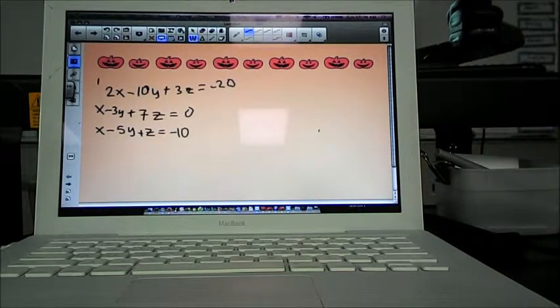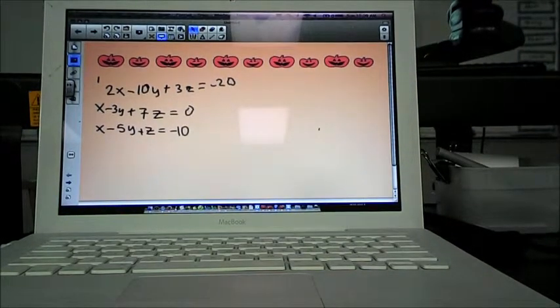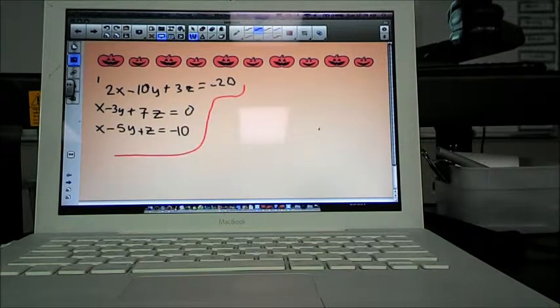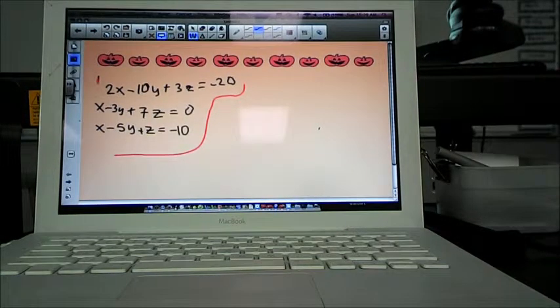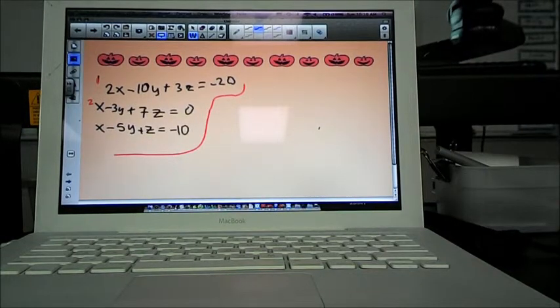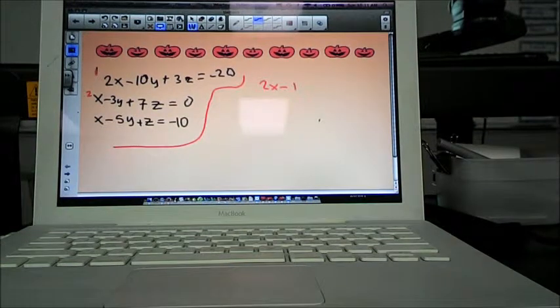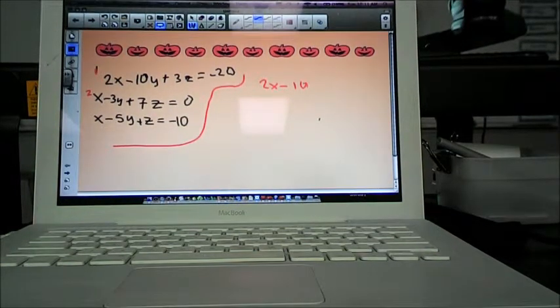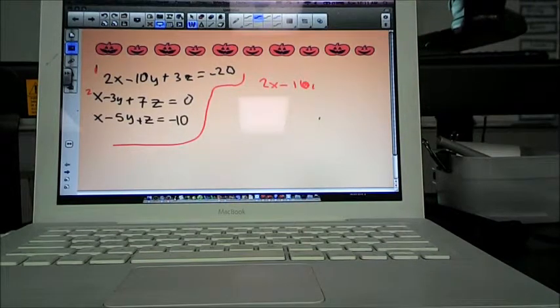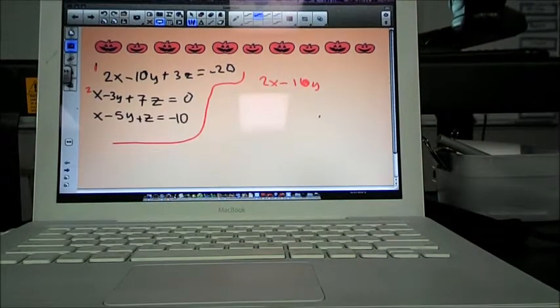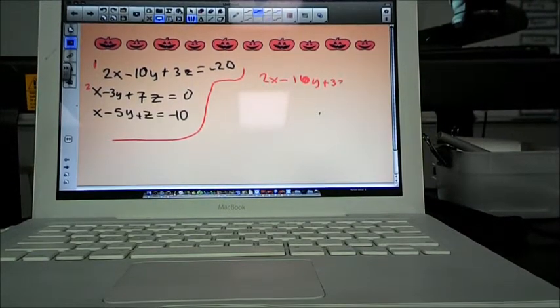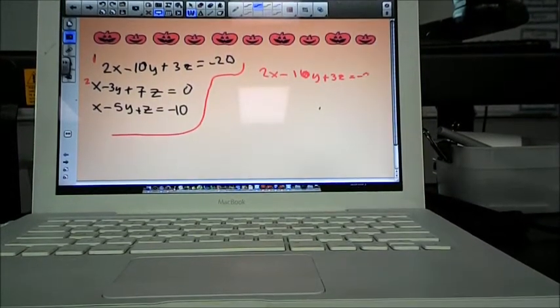We're going to change to red so it is easier to understand. We're going to do equation number 1 and equation number 2. So 2x minus 10y plus 3z equals negative 20.